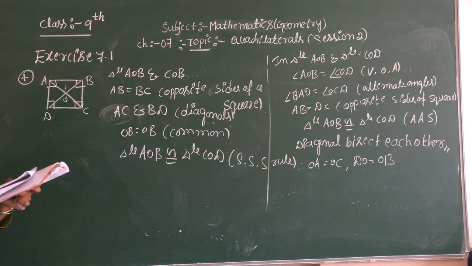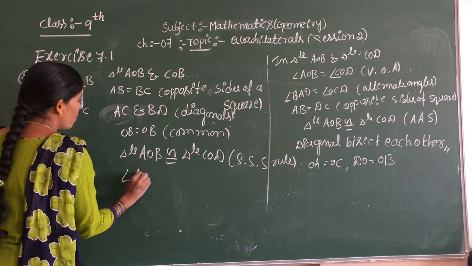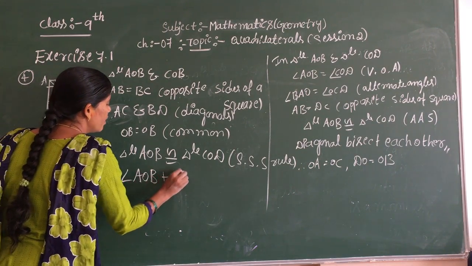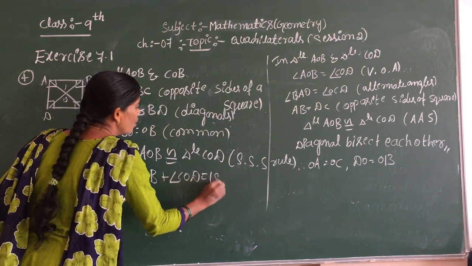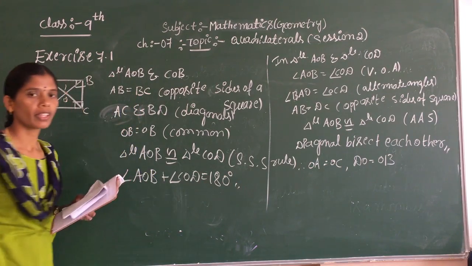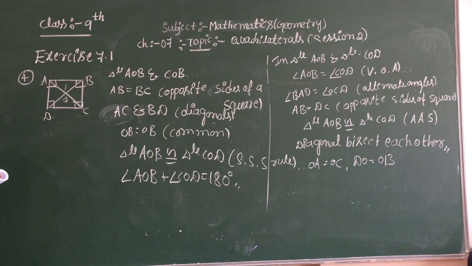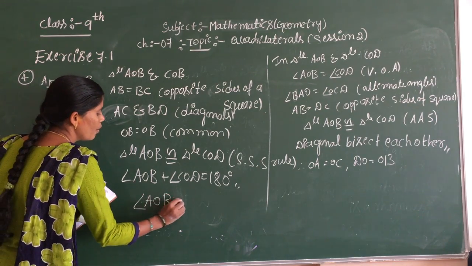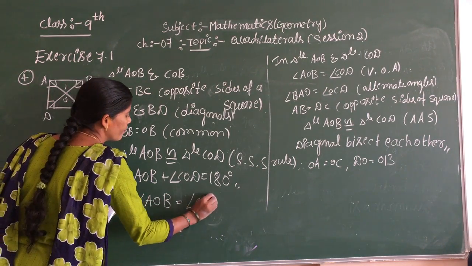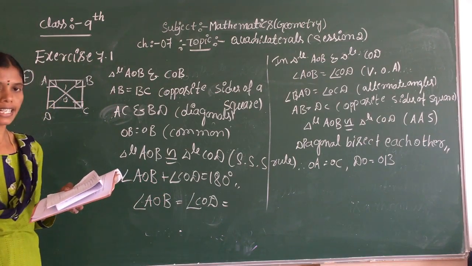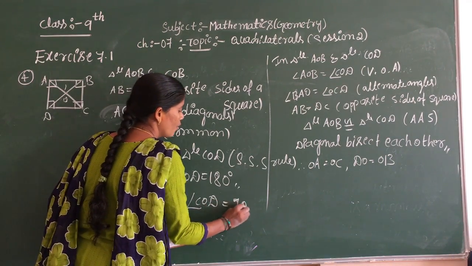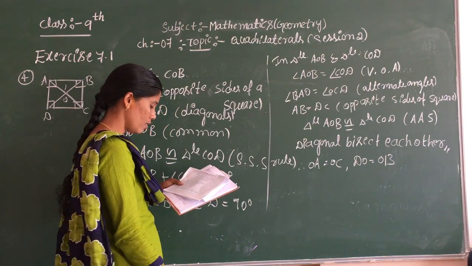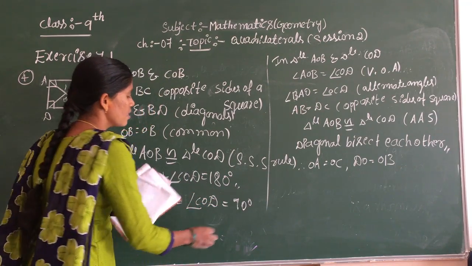Okay. Now next, we should add angle AOB plus angle COD is equal to 180 degrees. So angle AOB is equal to angle COD is equal to what? That is 90 degrees. Why? Because this is CPCT.